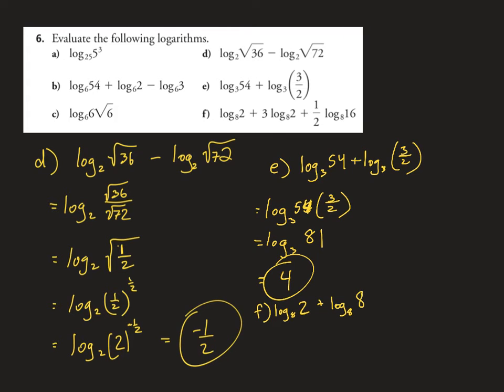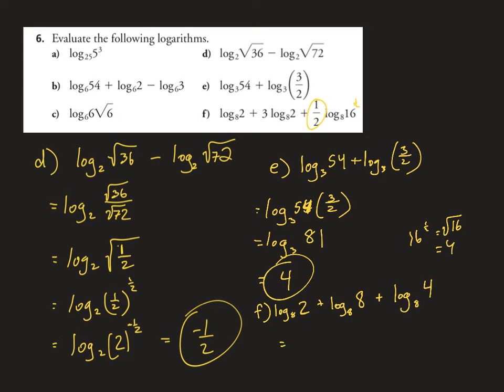There we go. And plus, same thing, 1/2 could just come up here, and 16 to the 1/2 is just 4. So log base 8 of 4. 16 to the 1/2 is just the square root of 16, which is equal to 4. Right, there we have it.